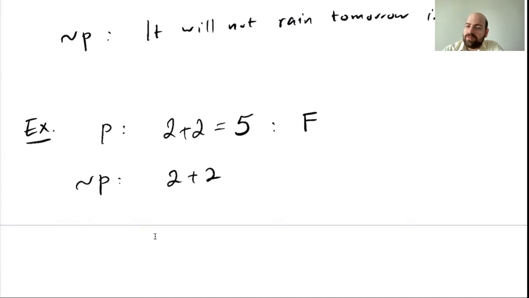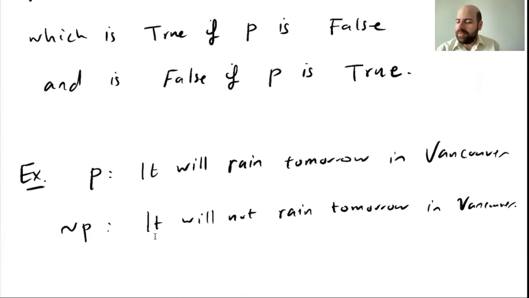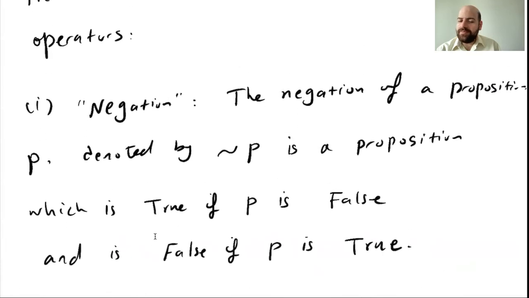The mathematical notation for this sentence is 2 plus 2 is not equal to 5. So P is 2 plus 2 is equal to 5. Negation P will be 2 plus 2 is not equal to 5. And like we said, if P is false, we expect negation P to be true, and it is the case here. 2 plus 2 is not equal to 5, and that's true.